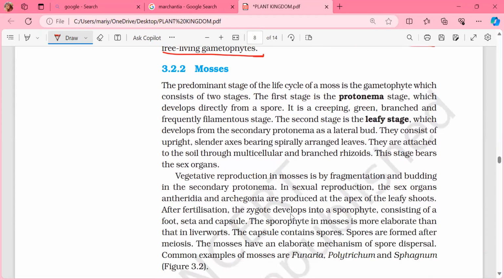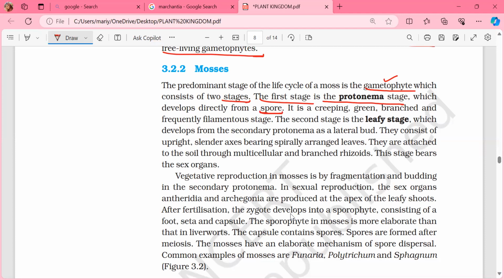Now, the predominant stage of the life cycle is the gametophyte. We already know the reproductive cycle starts with a gametophytic phase. Now, this gametophyte consists of two stages. The first stage is the protonema stage, which develops directly from a spore.